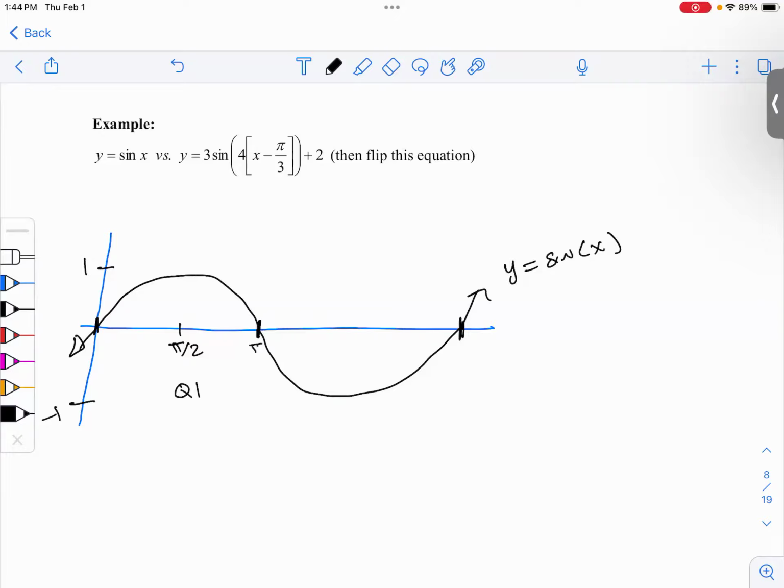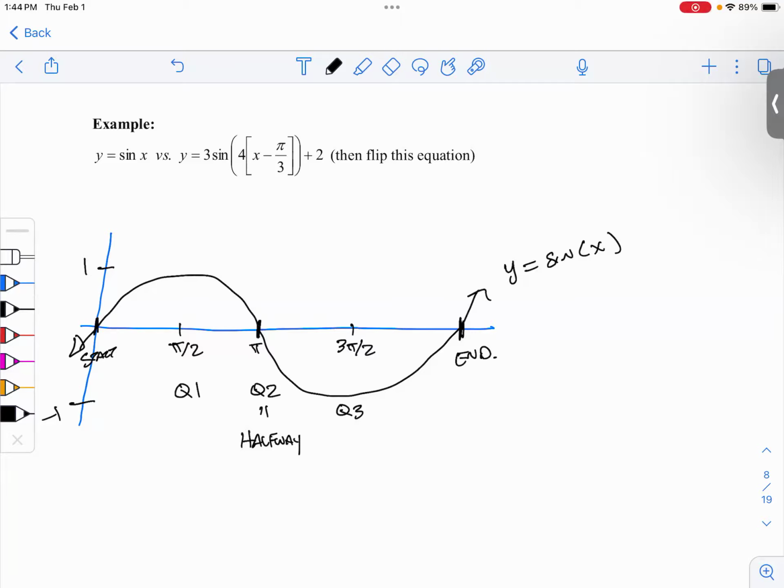Pi, I call that Q2. 3 pi over 2, aka Q3. And technically Q2 is equal to halfway.